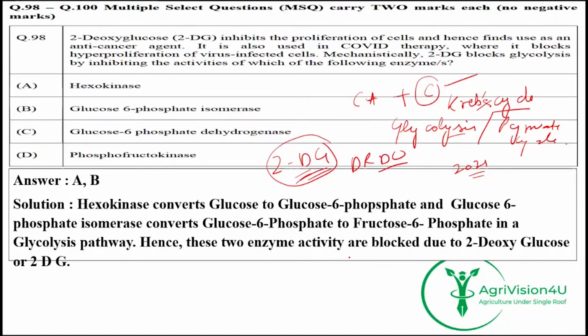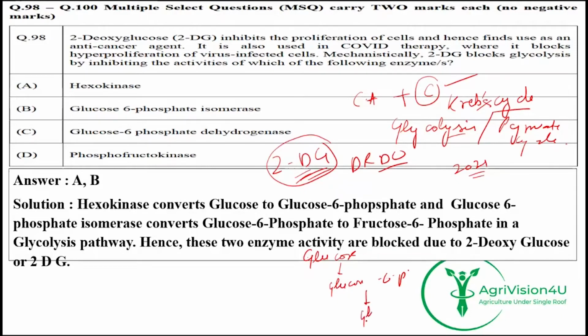In which several enzymes are involved. First of all, we take glucose. Glucose is converted to glucose 6-phosphate.